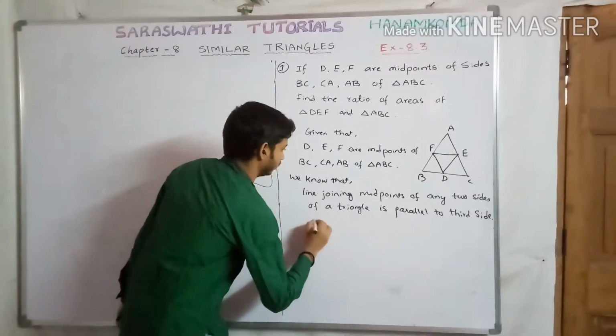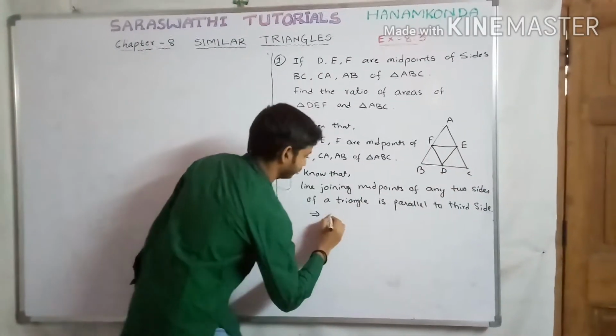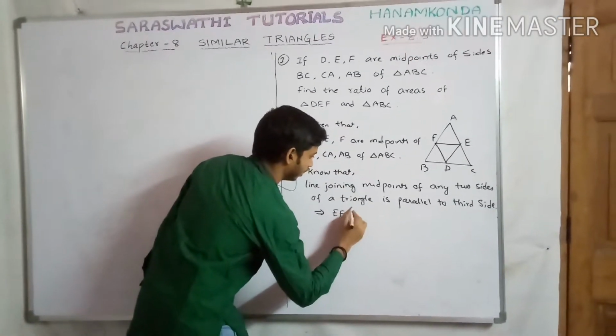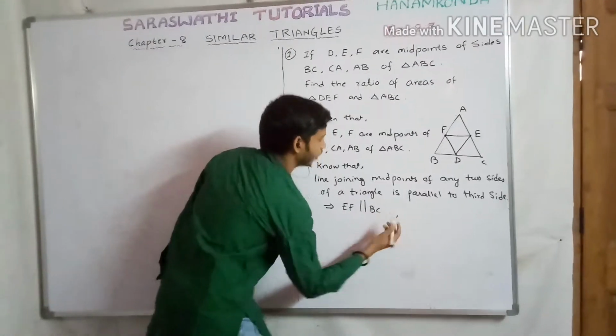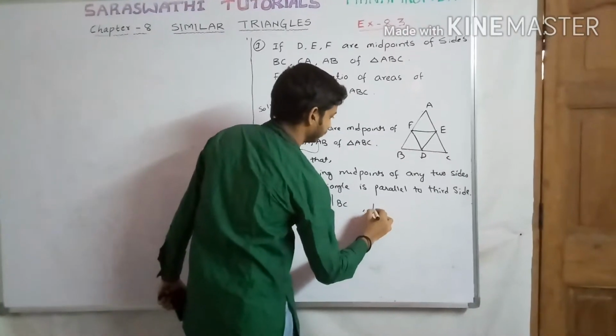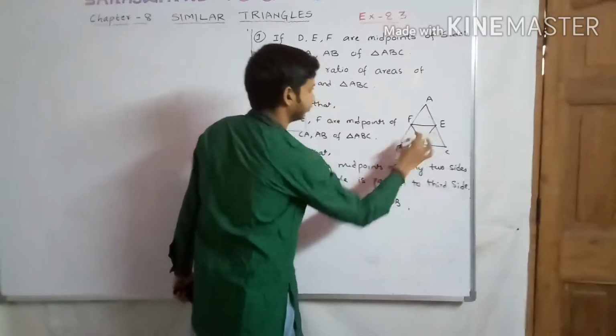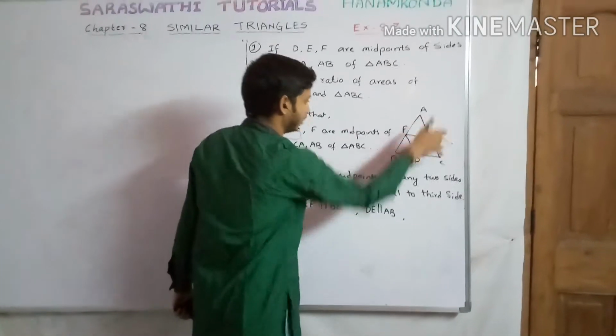So it implies that EF is parallel to BC, and similarly DE is parallel to AB, and similarly DF is parallel to AC.